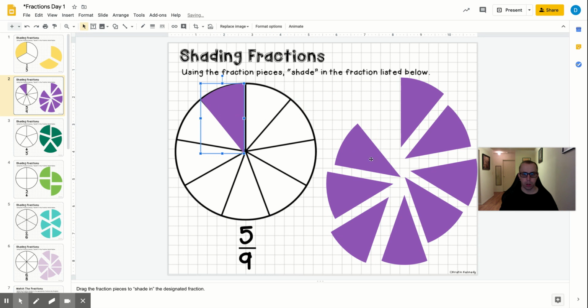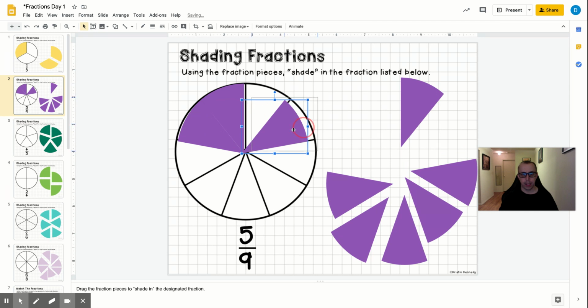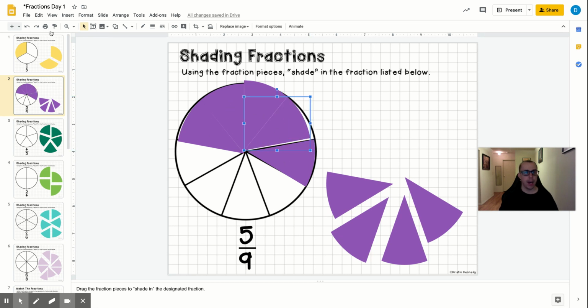Okay, so that one goes there, and this one's going to go here, and just do your best to drag it where it belongs. Okay, and remember, we're dragging 5 of those 9. Okay, so hopefully this is just a fun way for you to review fractions. So we represented 5 out of the 9.